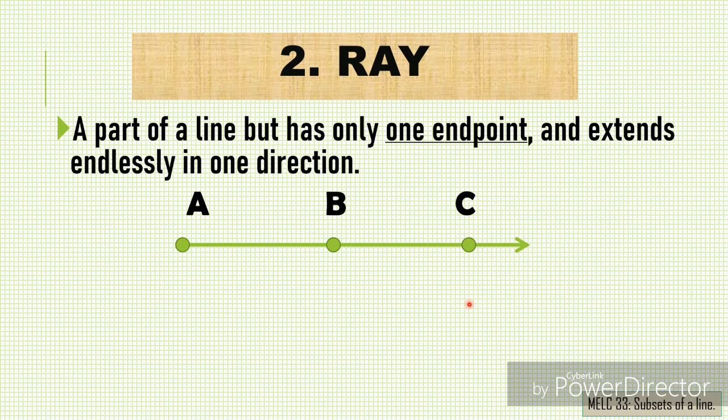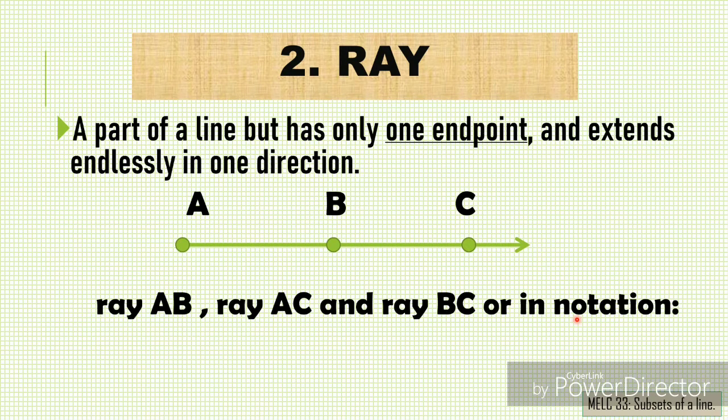So, we can name the rays in this example in 3 ways. Actually, there are 3 rays in this example. We have ray AB. Ayan siya. Ray AC from point A to the second point dun sa extended portion.